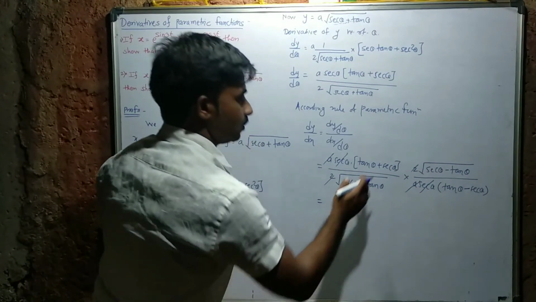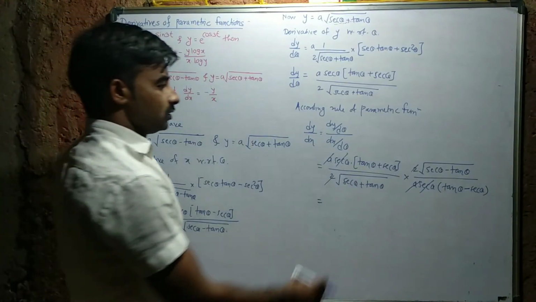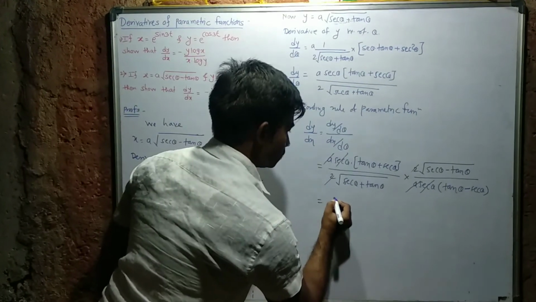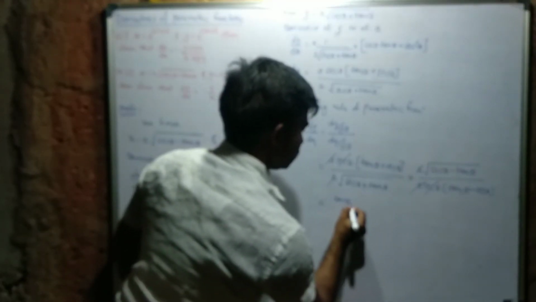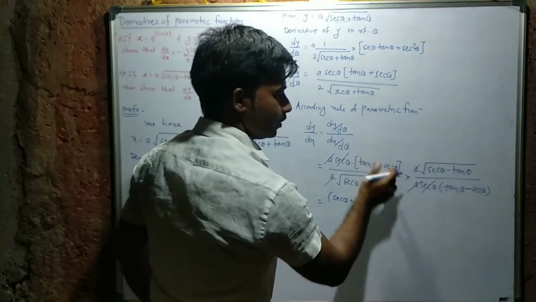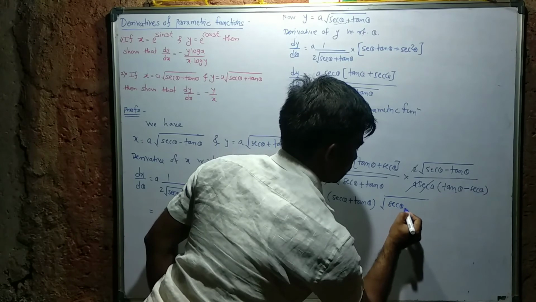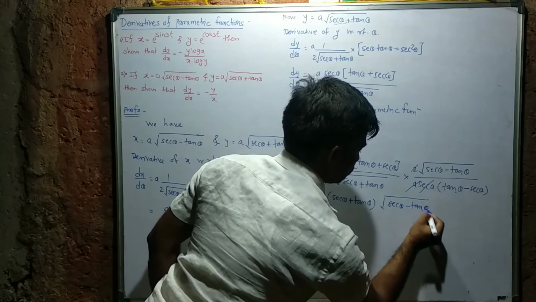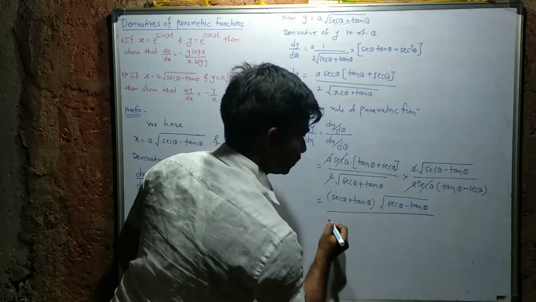That means you will get the answer, which is the square root of sec theta plus tan theta, and we have to shuffle this, divided by the square root of sec theta minus tan theta, once again with this sec theta.